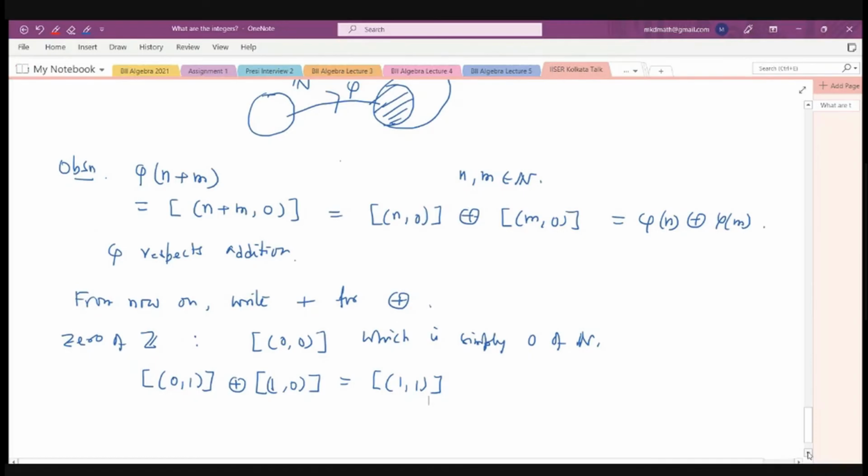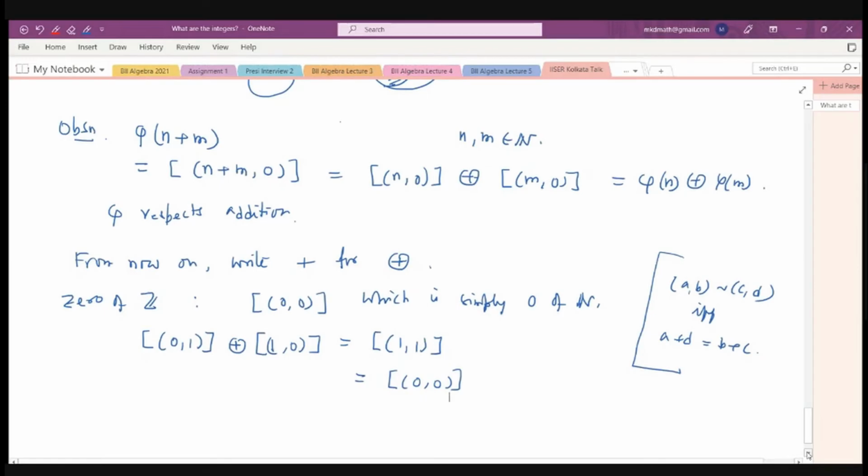Now if you go back to the definition of the equivalence relation, I said that (A, B) is related to (C, D) if and only if A plus D is equal to B plus C. Now (1, 1) is nothing but (0, 0), right? Because of this, (1, 1) is related to (0, 0).